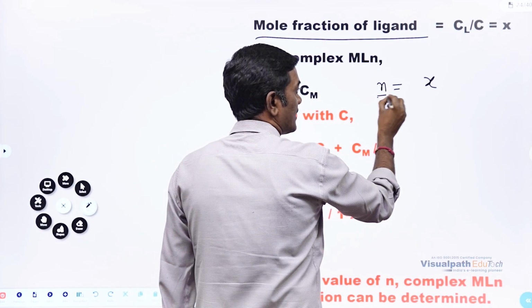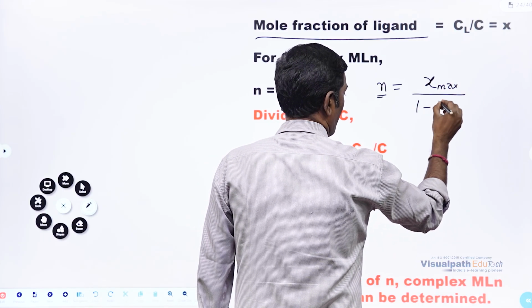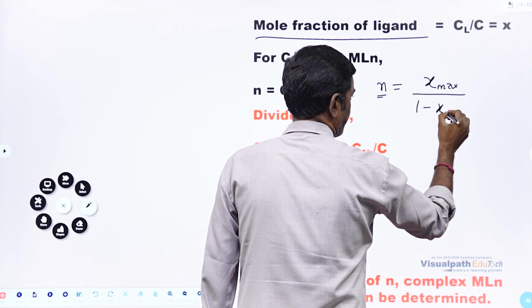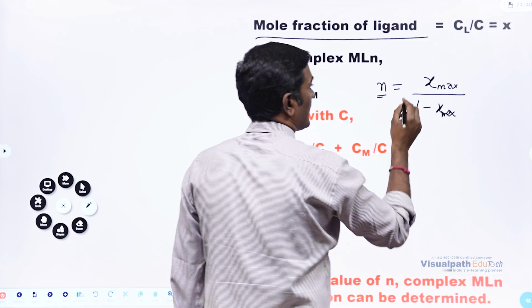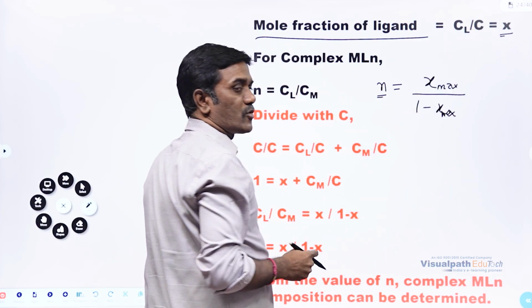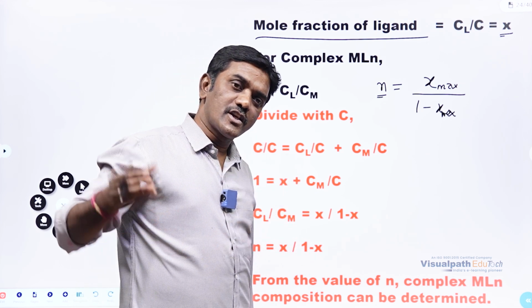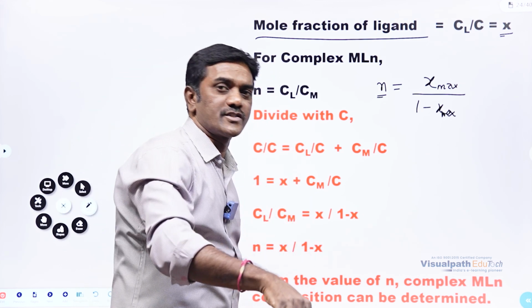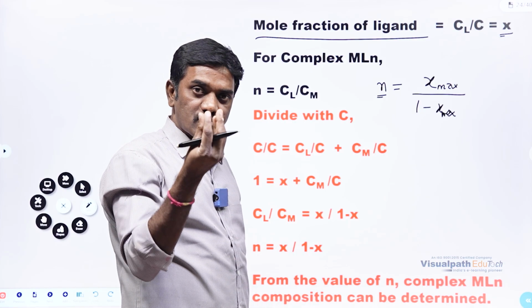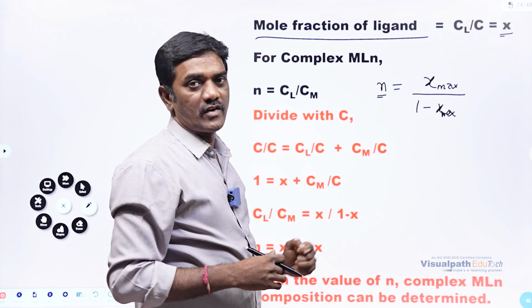This n will be n equal to x max divided by 1 minus x max. Here x is the mole fraction of ligand. What is the meaning of mole fraction? The concentration of ligand present in the total concentration is called the mole fraction of ligand.